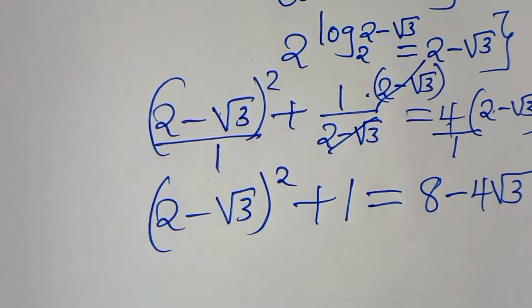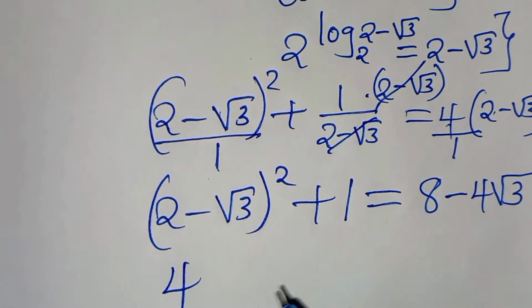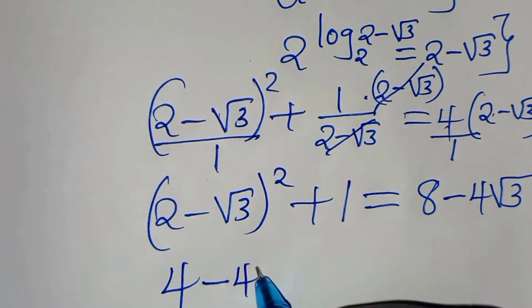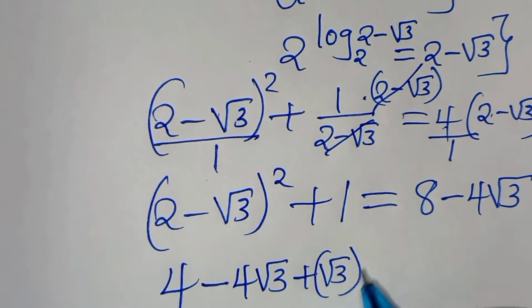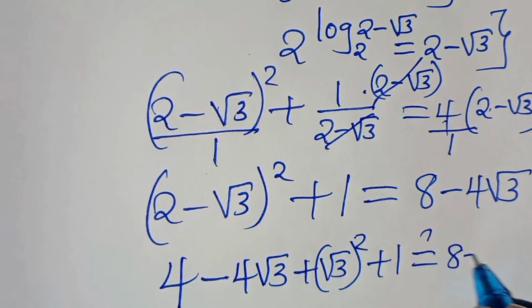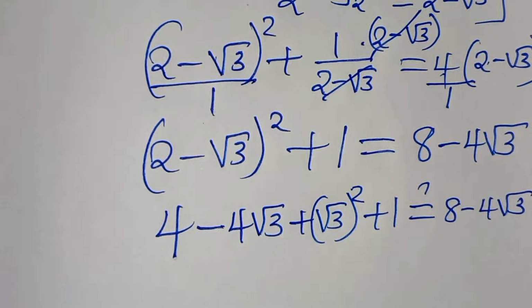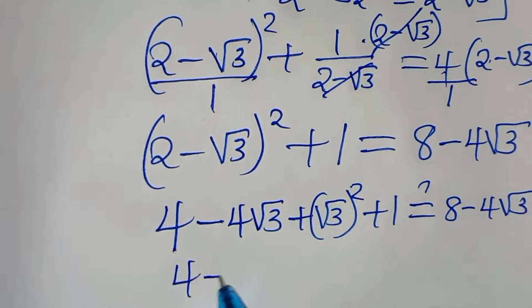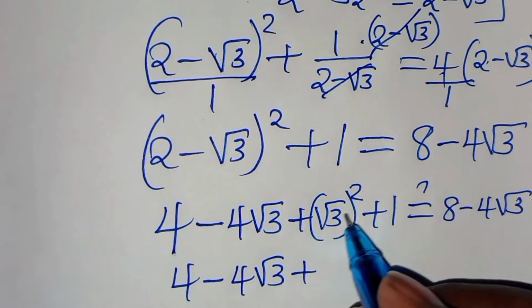Now, let's expand this. 2 minus square root of 3 to the power of 2. This is 4. Then minus 4 square root of 3. Then plus square root of 3 to the power of 2. Then plus 1. This should be equal to 8 minus 4 square root of 3. Okay, so this is 4 minus 4 square root of 3. Then plus square root of 3 to the power of 2.